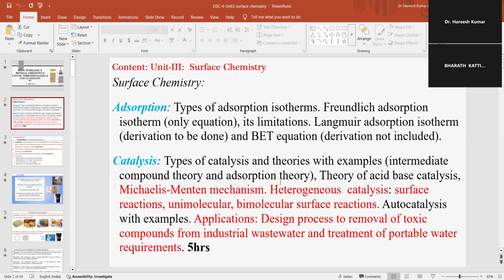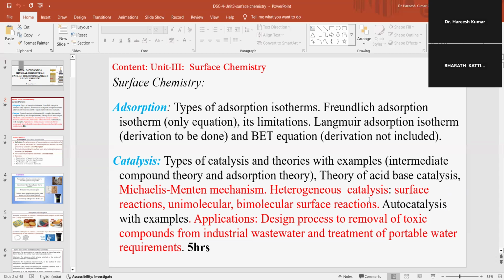Mechanism also we are discussing under the catalysis. That's called homogeneous: intermediate compound theory, adsorption theory, and acid-base catalysis theory, and also enzymatic catalysis and its mechanism. Enzymatic catalysis and its mechanism is called Michaelis-Menten mechanism.